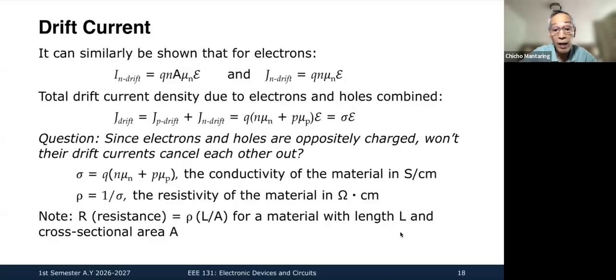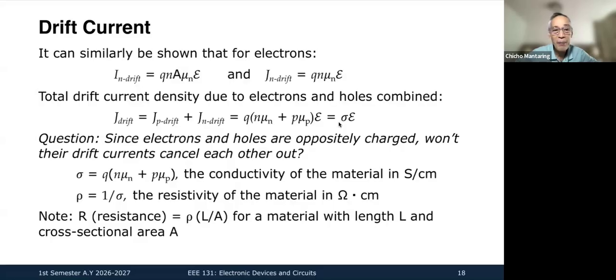Sir, kung po sa carrier drift, ano po yung effective mass? Well, we call it an empirical value.